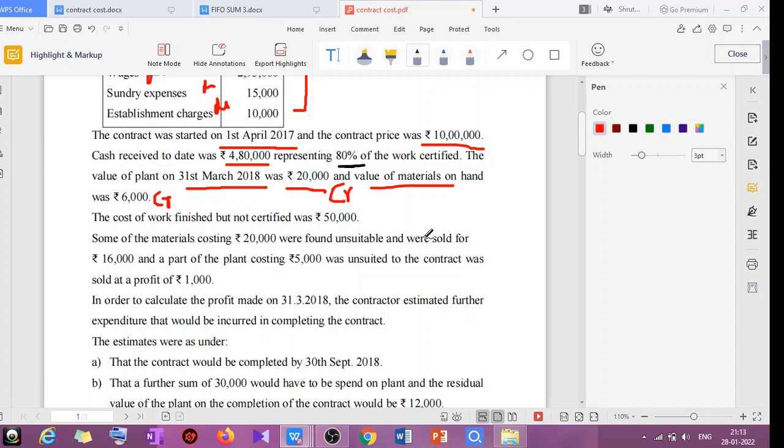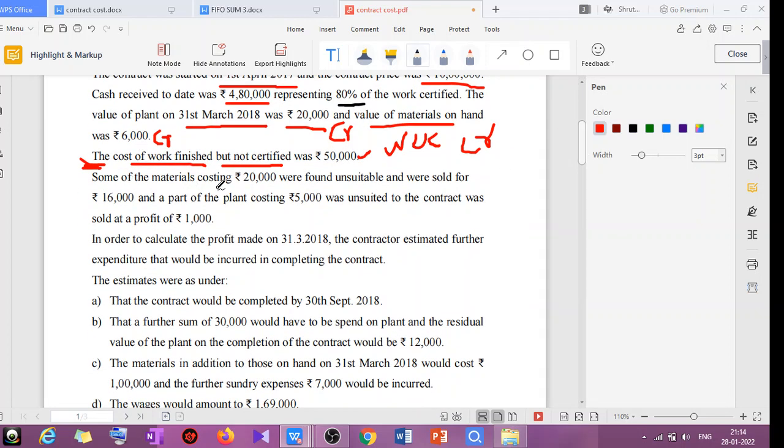Write it under credit side. Then the cost of work finished but not certified. So it is work uncertified, write it under credit side of the contract account. I hope it is clear to you till here. Got it? Next.